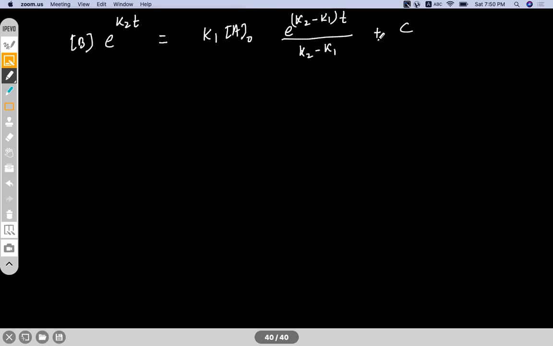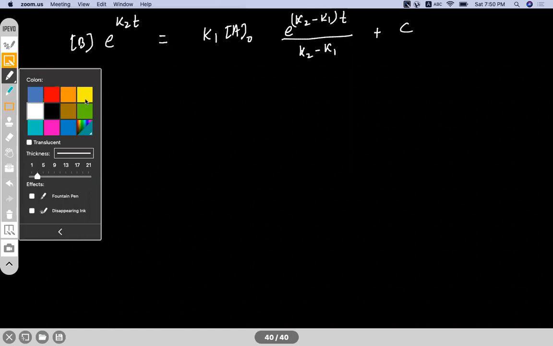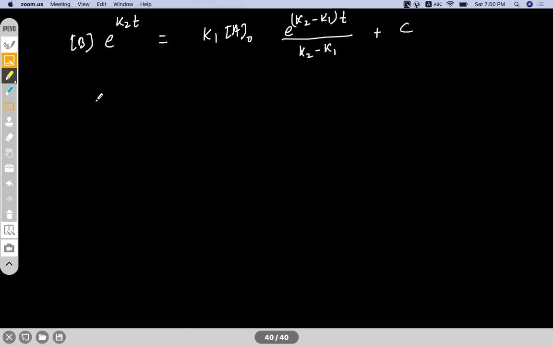So what is the condition we can apply to find out C? The condition is at time t equal to 0, what is the concentration of B? Yes, there is no B present initially. We'll substitute it here. So we'll get what?